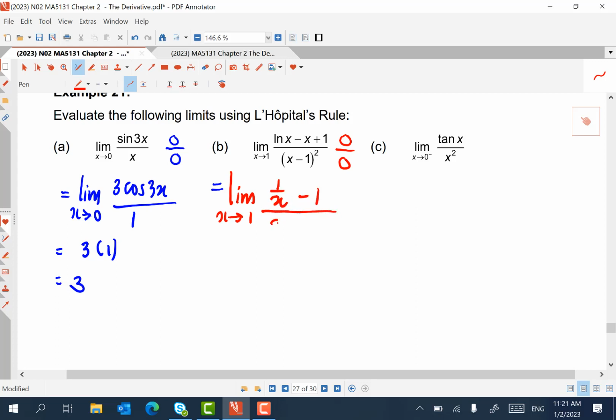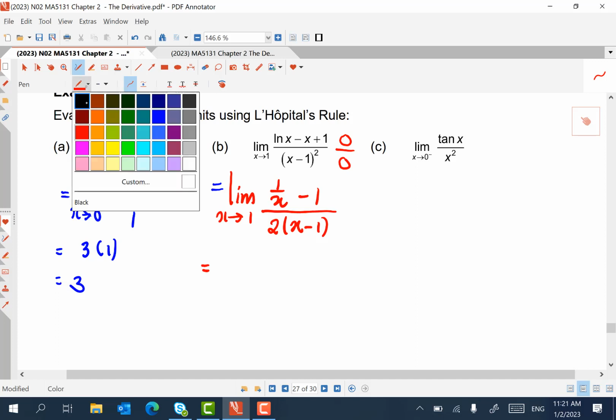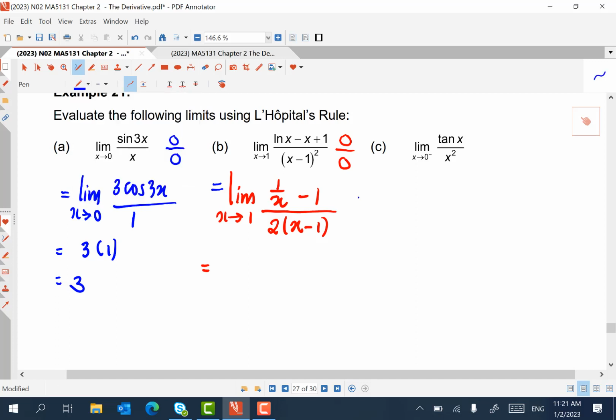No, you must check each time you apply. If it doesn't work anymore, stop. If the indeterminate form persists, you're right, if it persists like this case, you could go on.